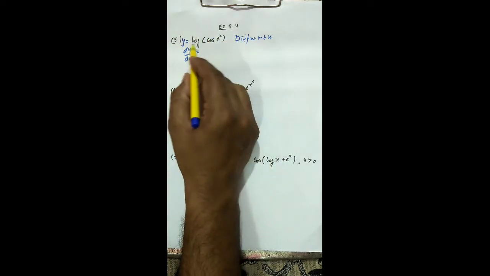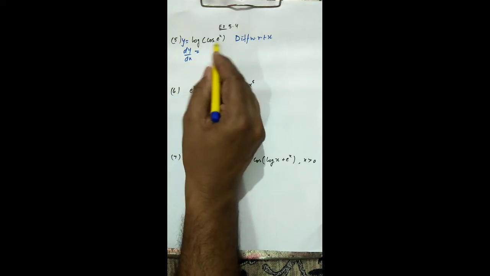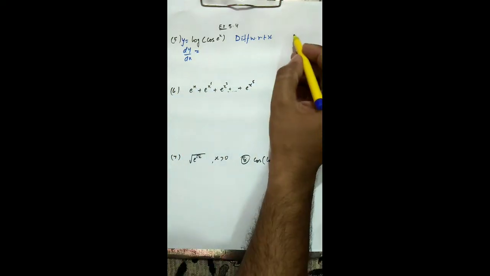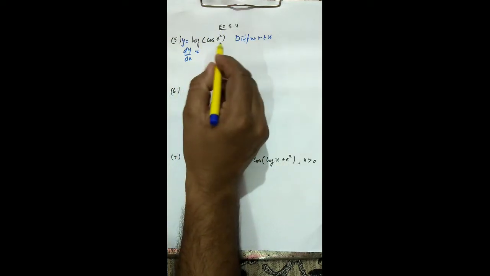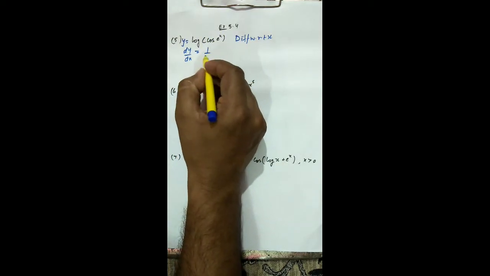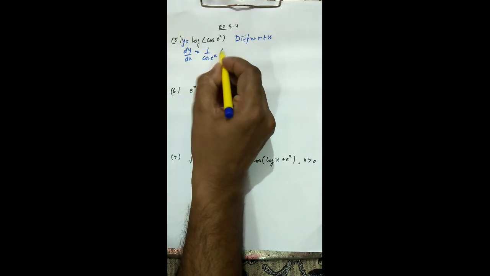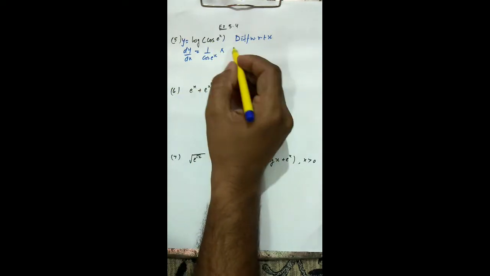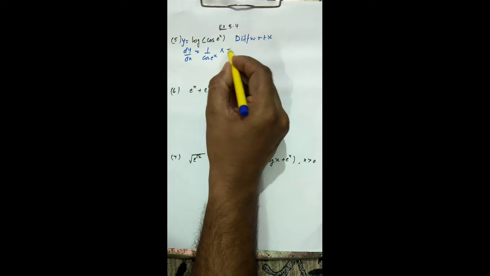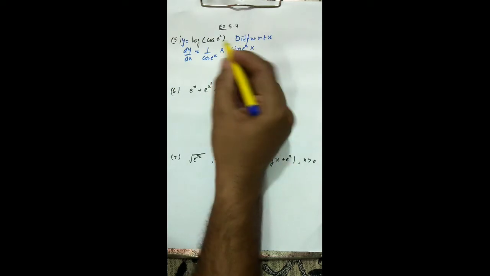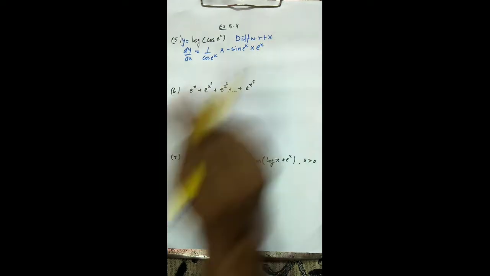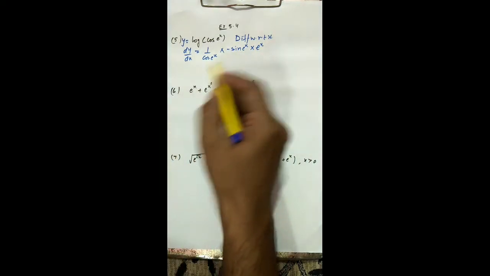Always remember that cos e^x will be positive. So the derivative of log is 1 upon cos e^x. Next you differentiate cos, which gives minus sin, with e^x remaining as it is, and the third function is e^x, so it will be e^x. This is how you can write the answer.